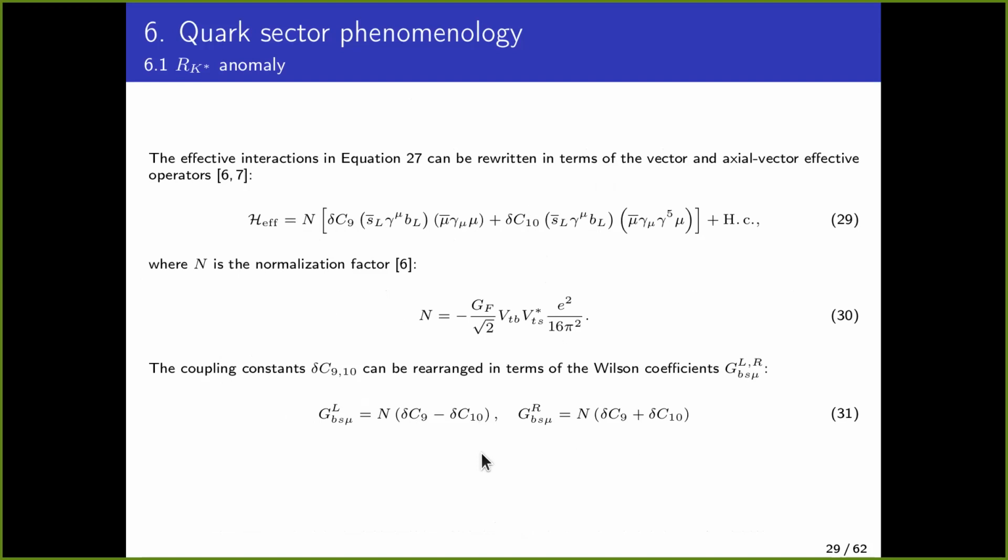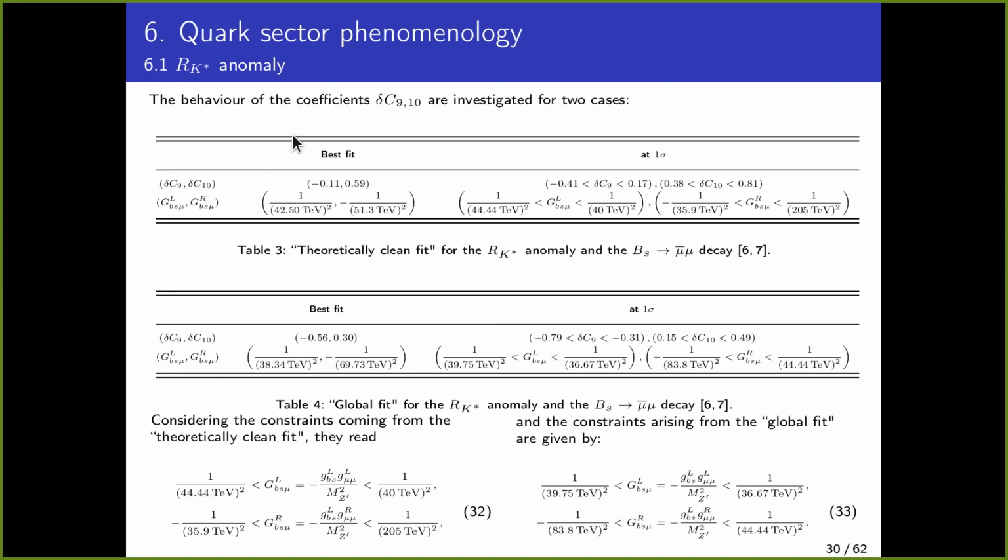Then the errors of the coefficients delta C9 and C10 are investigated for two cases. One of them is known as the theoretically clean fit, which means the IK anomaly and the PS mu can be explained simultaneously without the size of the theoretical uncertainty. The other is the global fit, which is an experimental result, but with the size of the theoretical uncertainty.